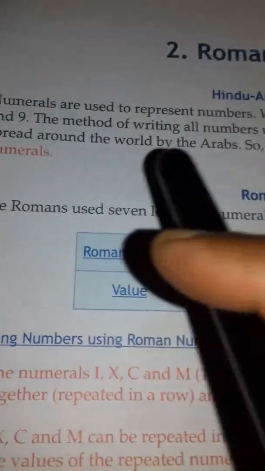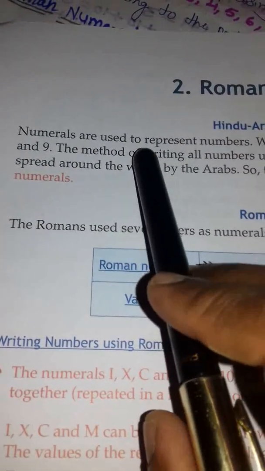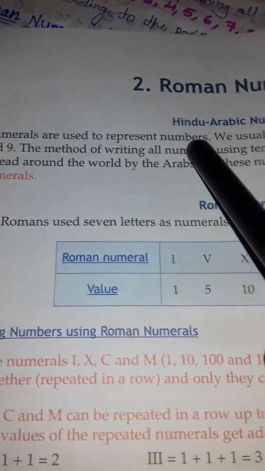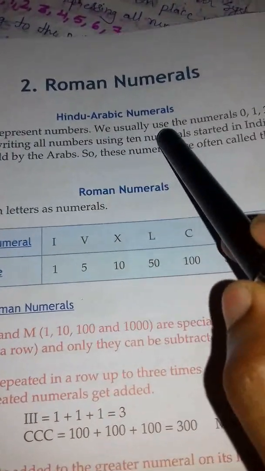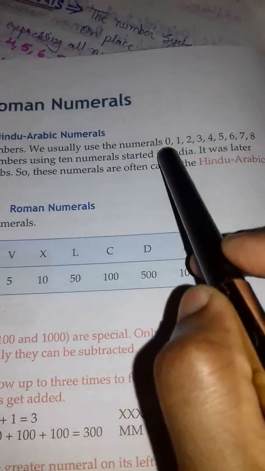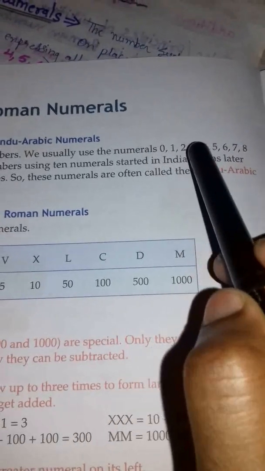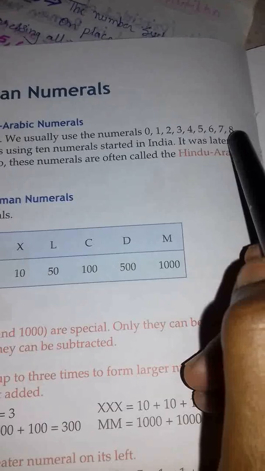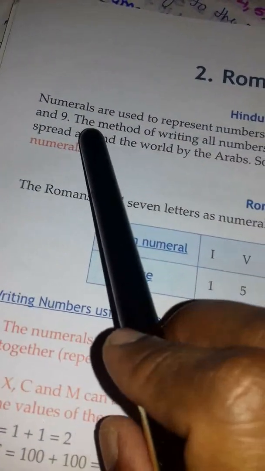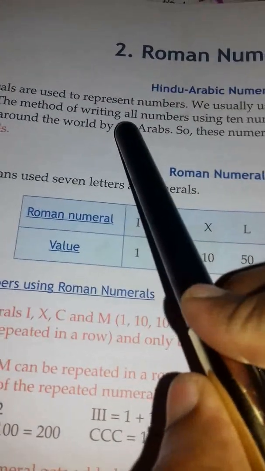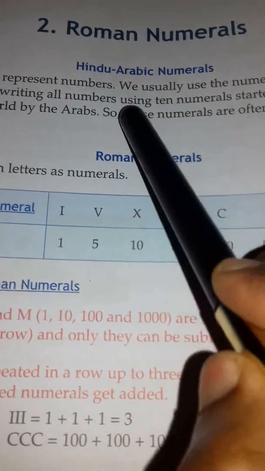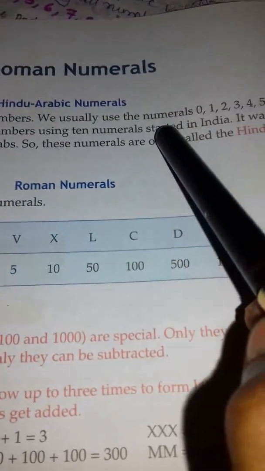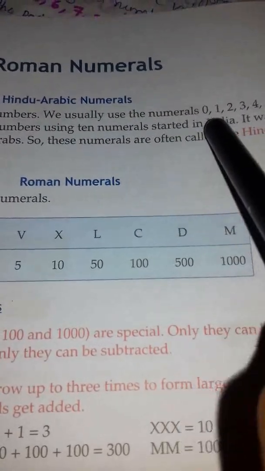Now see students, Hindu-Arabic numerals. Numerals are used to represent numbers. We usually use the numerals 0, 1, 2, 3, 4, 5, 6, 7, 8 and 9. The method of writing all numbers using 10 numerals started in India.